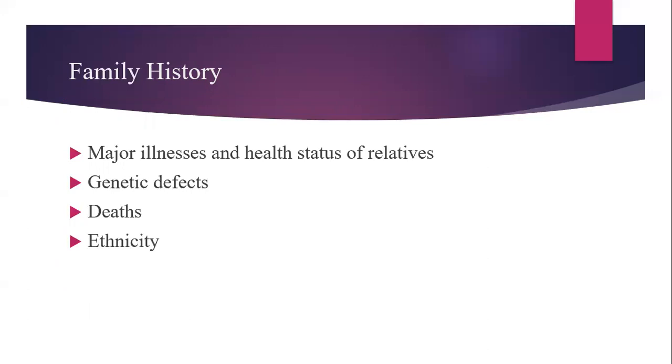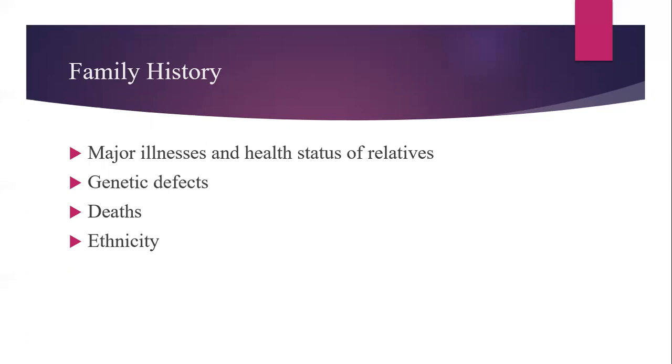Is this genetic, or under risk? Why is family history important? So family history helps the doctor or healthcare provider or other healthcare practitioners provide better care for the patient.